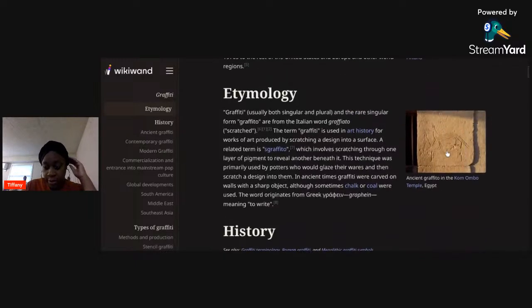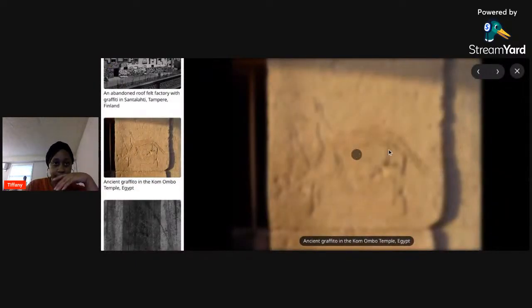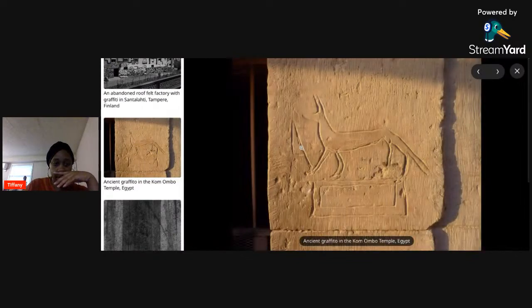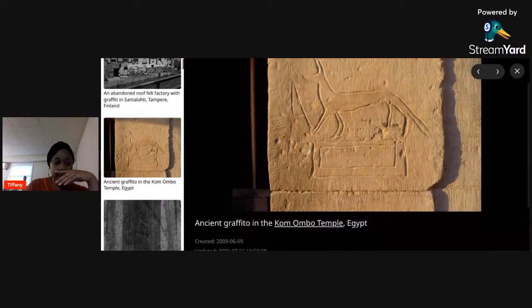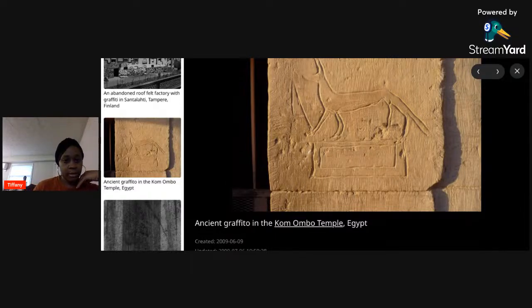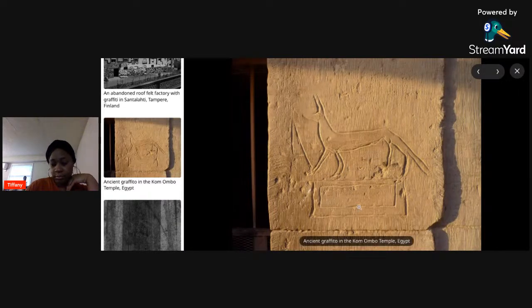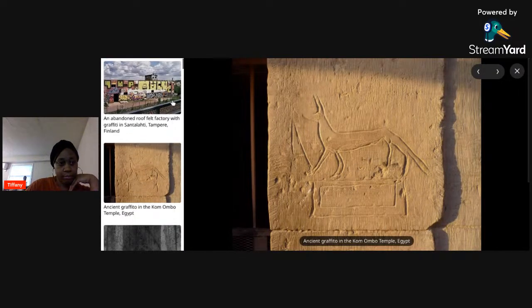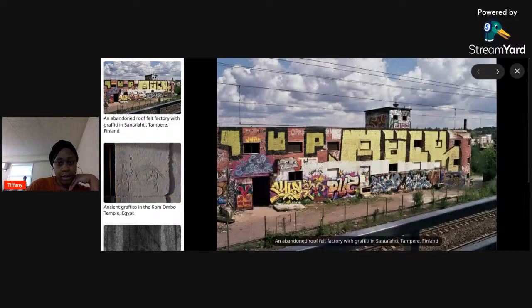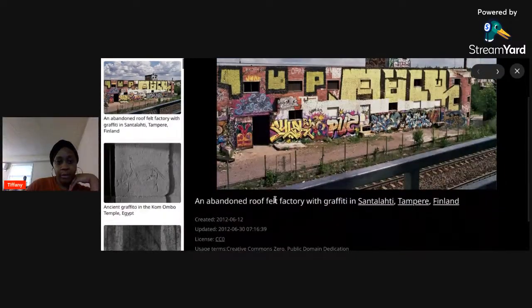All right, so here's a picture right here. So this is ancient graffiti in Egypt. Okay, so it says ancient graffito in Kom Ombo Temple, Egypt. All right, and here's another one, an abandoned roof felt factory with graffiti in Finland.